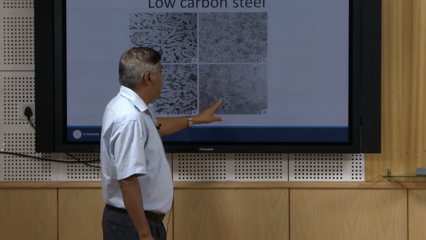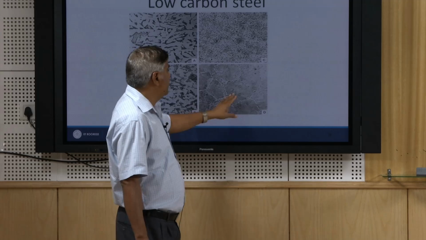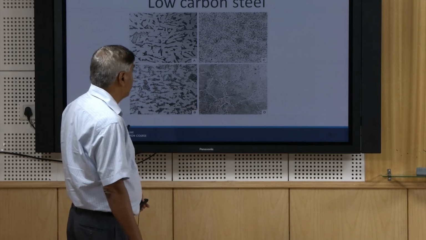So martensitic transformation can be seen along the grain boundaries, and the remaining are the ferritic ones.